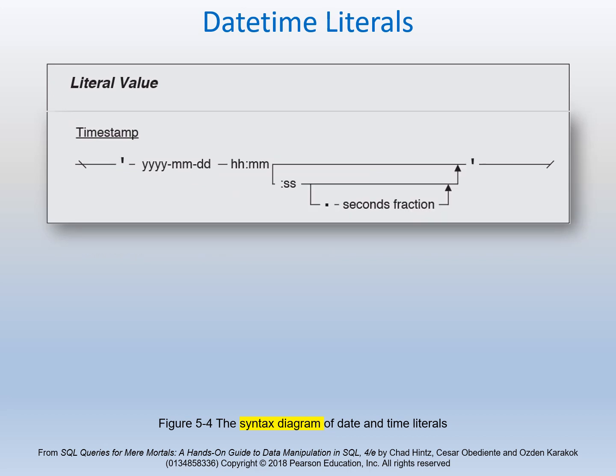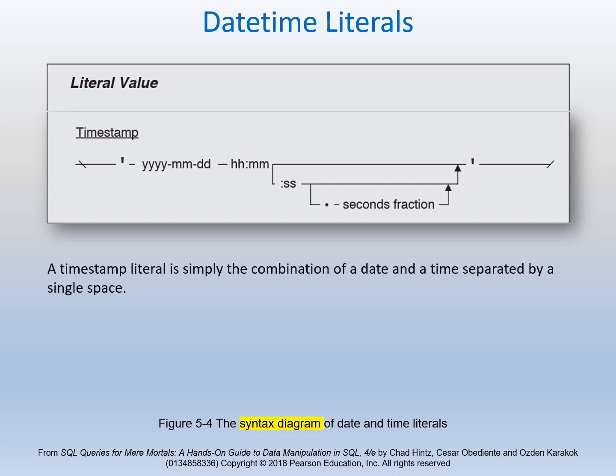This is the syntax diagram for the timestamp literal. It's simply the combination of the date and the time separated by a single space. Here we see an example. Single quote, 2008, the year, hyphen, 09, the month, hyphen, 29, the day, space, 14, the hour.